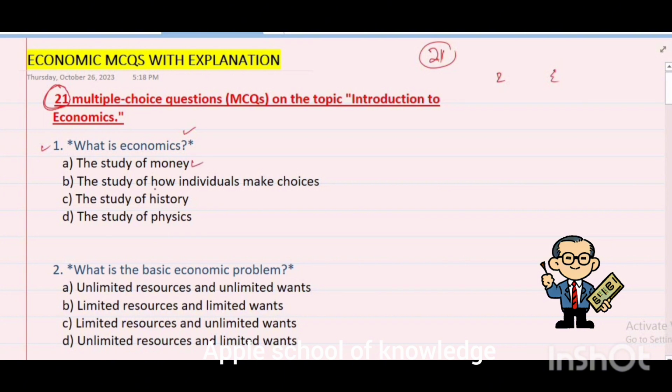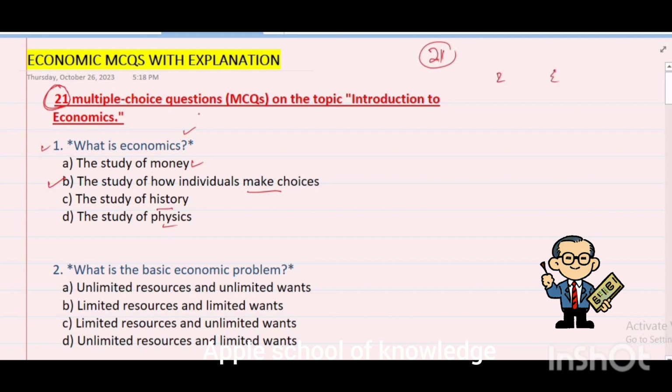The second is the study of how individuals make choices, which is a more relevant thing, and the study of history, and the study of physics. So the correct option is option B. But what is the reason why I have chosen option B as the correct one?